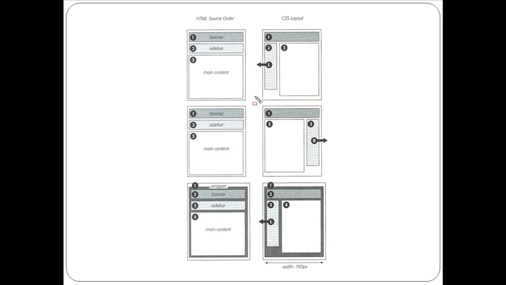The second example here is pretty much the same, only this time we're going to take that sidebar, float it to the right, let the main content flow up on the left side of it, and again set the right margin this time so that it doesn't come back underneath of the sidebar.